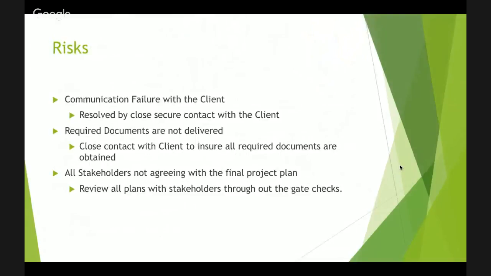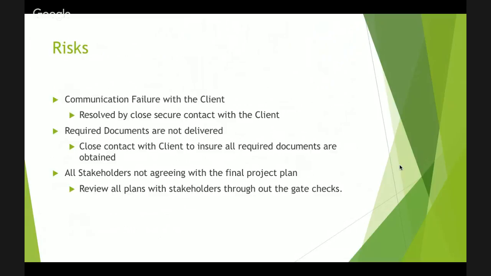There are a couple of risks that we can run into in the planning process. The communication failure with the client can be resolved by close and secure contact with the client. The required documents not being delivered can again be resolved with close contact with the client, making sure that all the information required in the scope plan is gathered so that it can be implemented into the site plan.